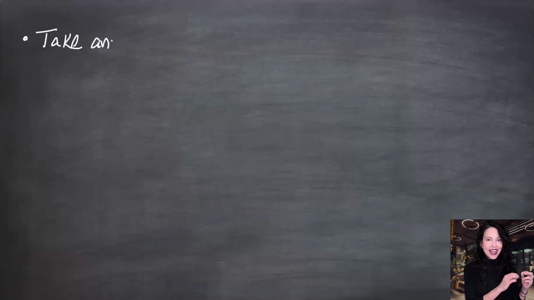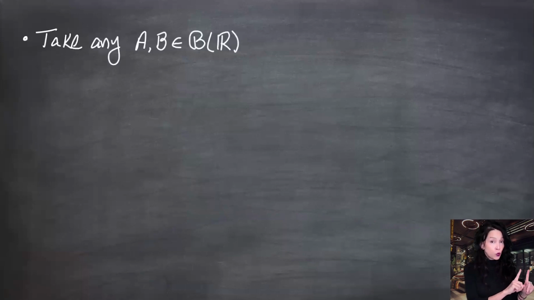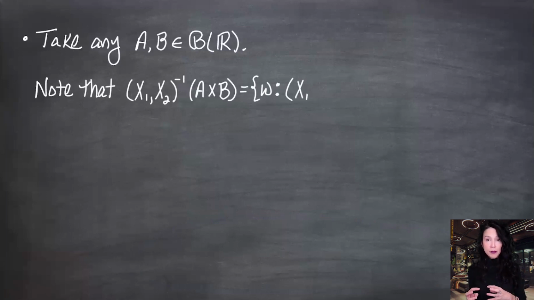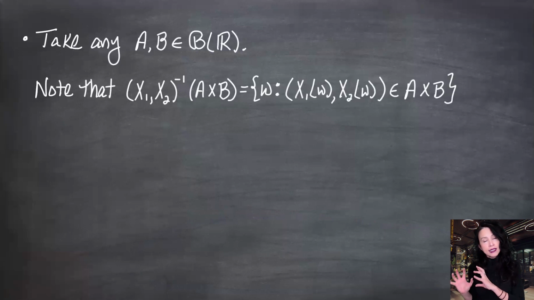Let's take any A and B Borel sets, 1-dimensional Borel sets over here. Note that the inverse image under the x1, x2 map of A cross B consists of all the omegas over here such that x1 of omega, comma x2 of omega falls in A cross B. Those really are all omegas that fall into A under x1 and fall into B under x2 at the same time.